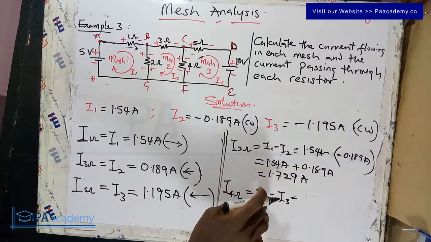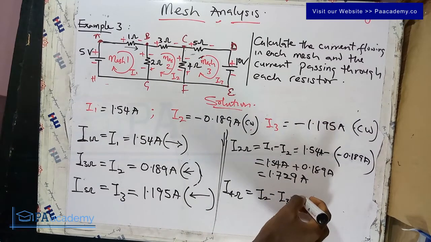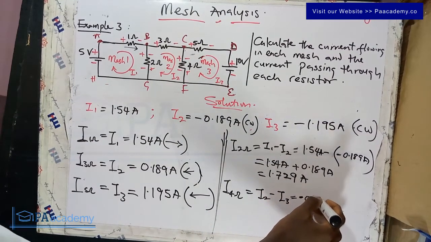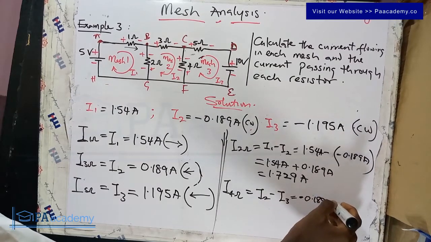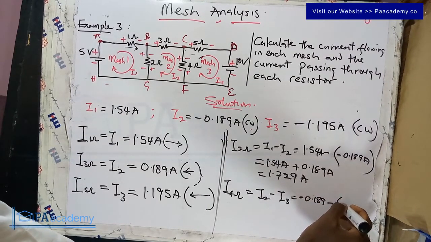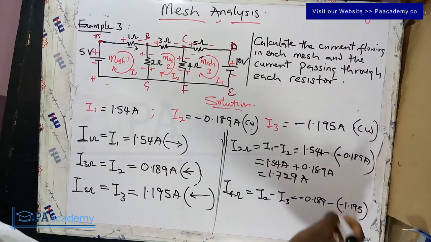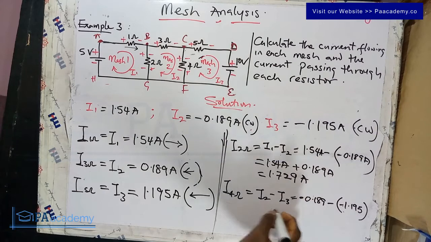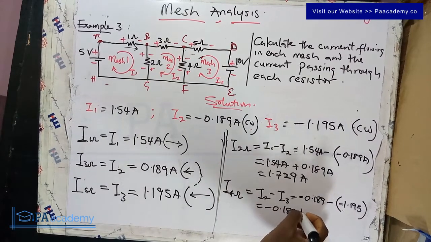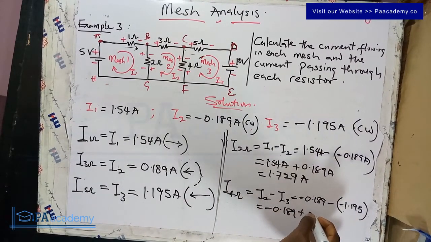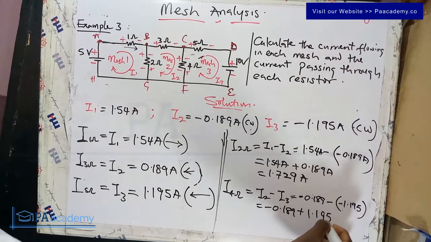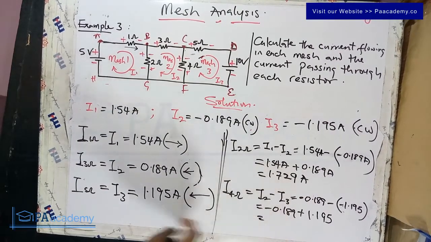So it is current I2 minus that of I3. So we are going to be having minus 0.189 minus, into brackets, minus 1.195. I have to put this in brackets because we are having two negative signs. If you compute this, you are going to be having minus 0.189 plus, minus times minus is plus, 1.195.